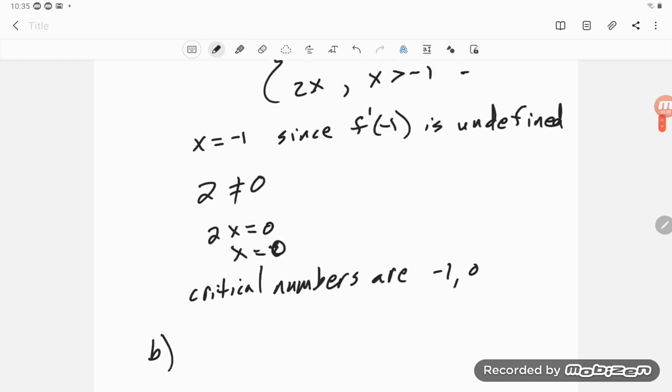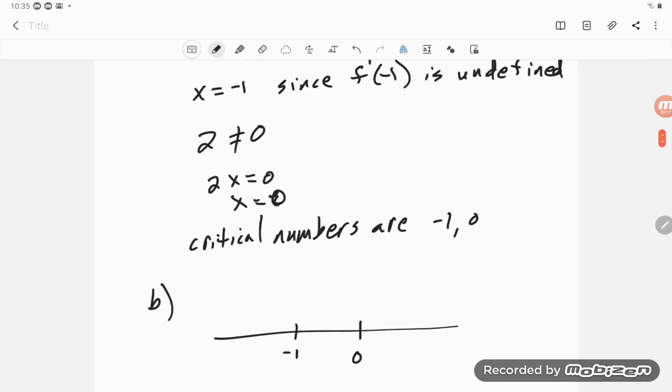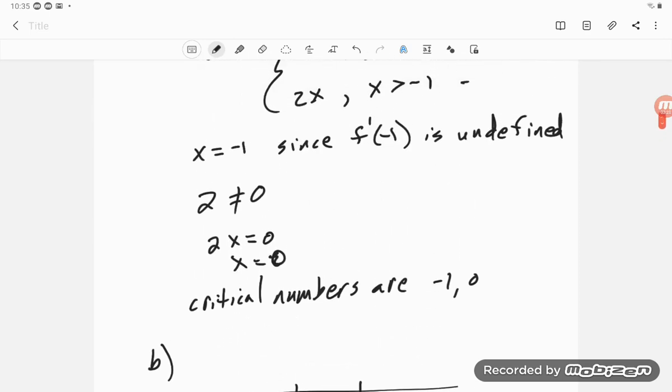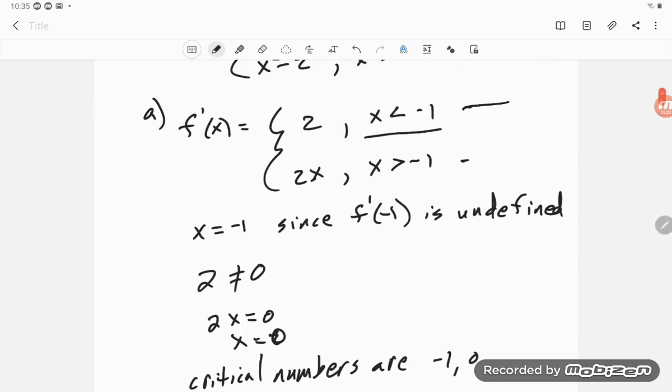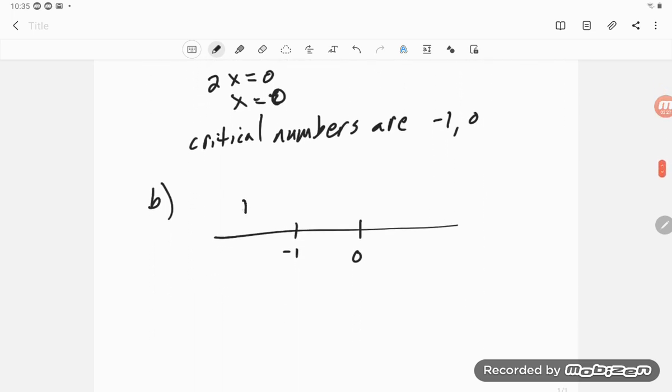And then in part B, I look at whether the function is increasing or decreasing between those. So there's negative 1, there's 0, and I need to check the derivative in other places. To the left of negative 1, the derivative is always 2, so that's always positive.